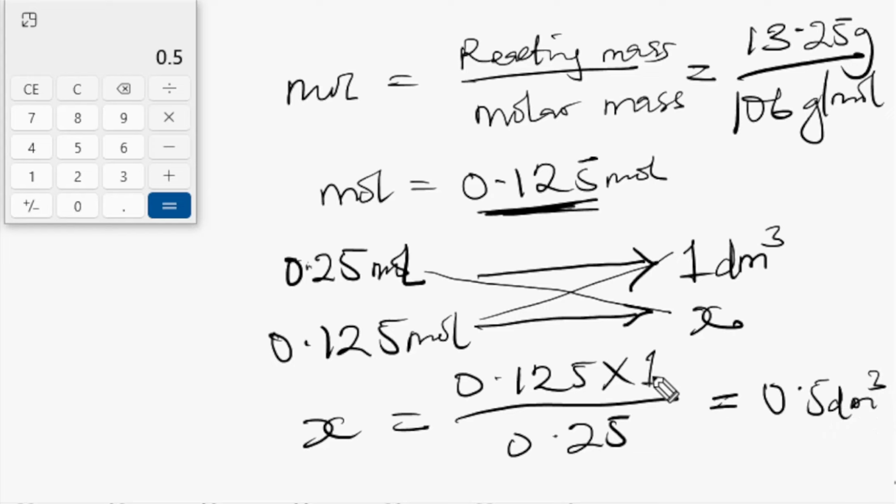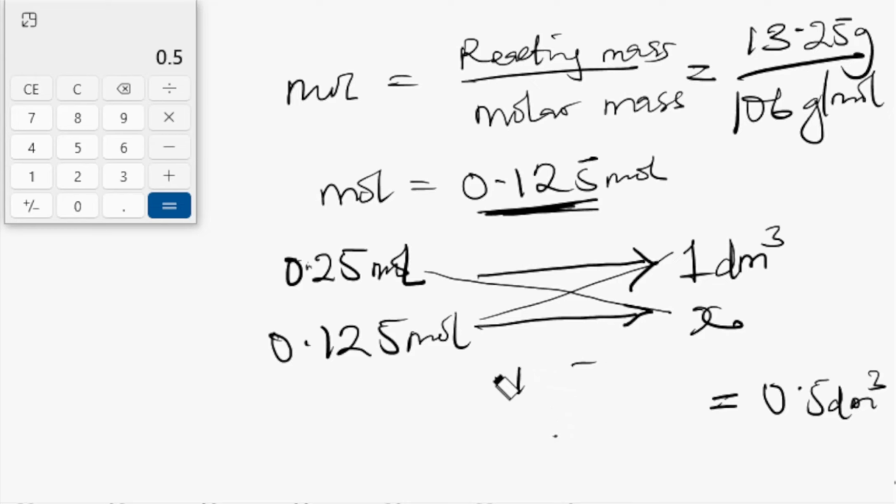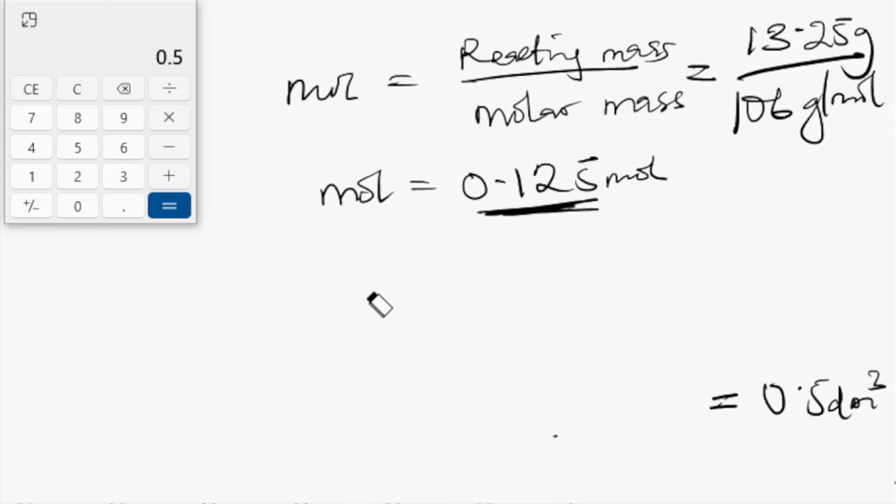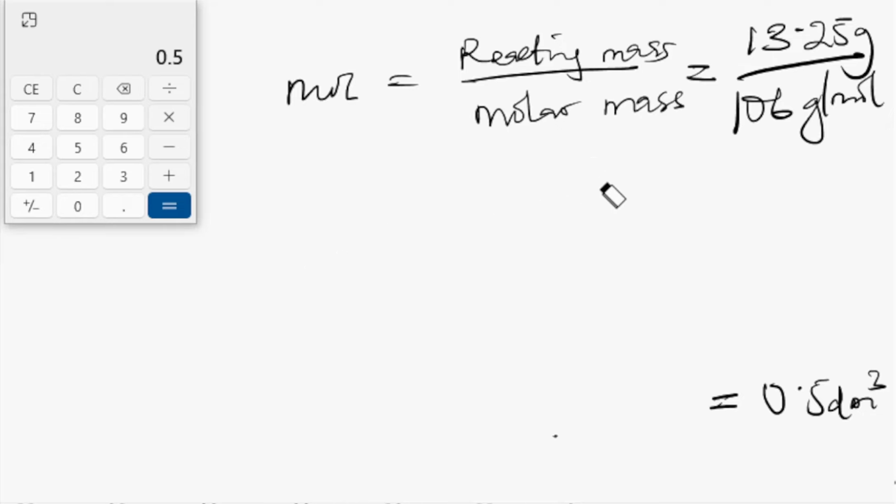And since all the options given to us here are in cm cube, this is what we are going to do. Let's just simply wipe here and get some space to do this. So guys, since all the options given to us here are in cm cube, we have to convert our answer to cm cube. So guys, already we know that 1 dm cube is equal to 1000 cm cube.